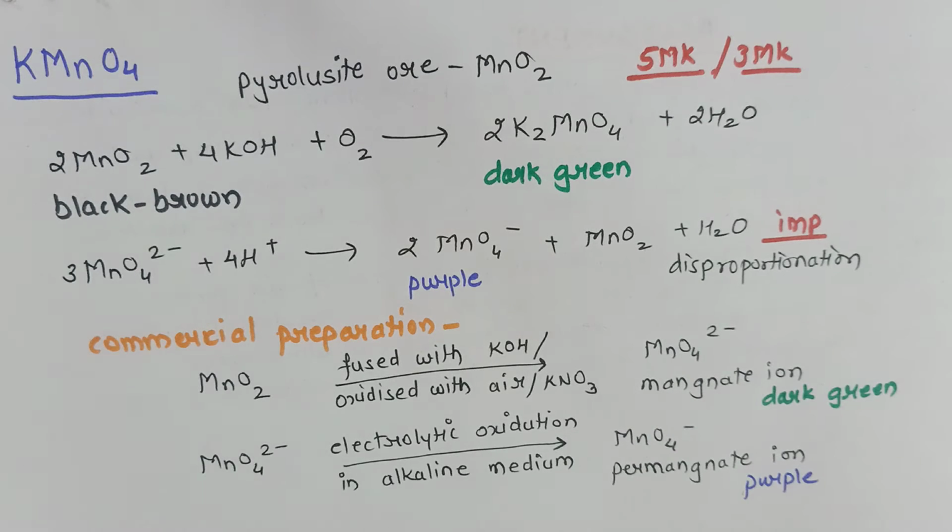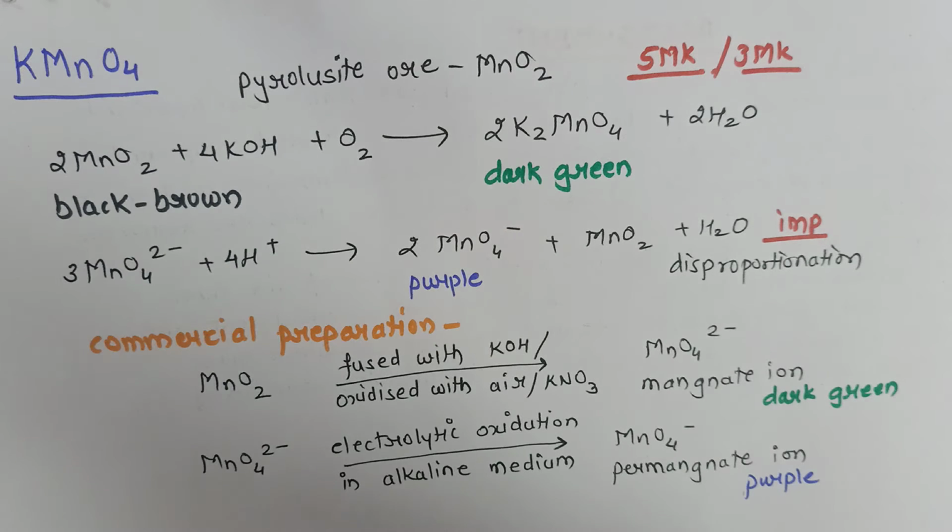So these reactions are asked as complete the equation or as a direct question on the commercial preparation method. As in case of potassium dichromate, we have seen two types of ions there, chromate and dichromate, with yellow and orange color. Similarly, in case of potassium permanganate, we have manganate and permanganate ions with two different colors.